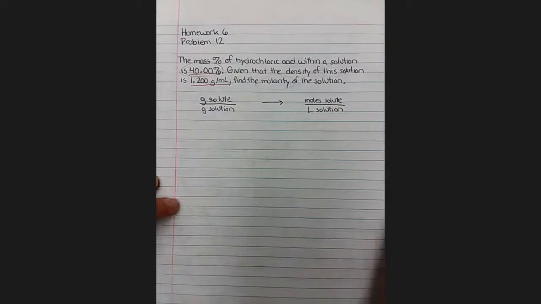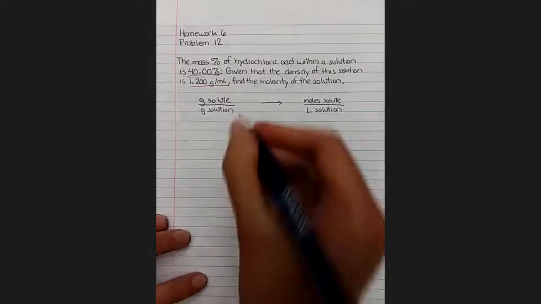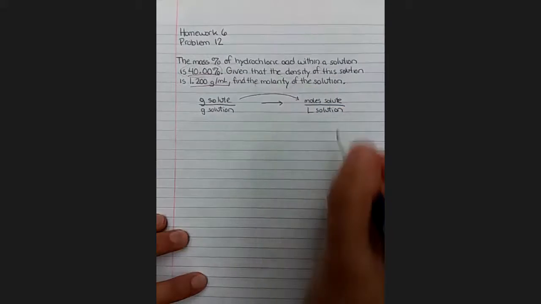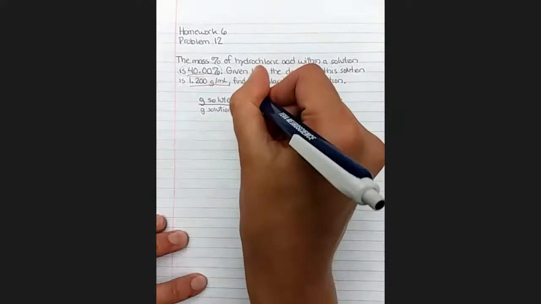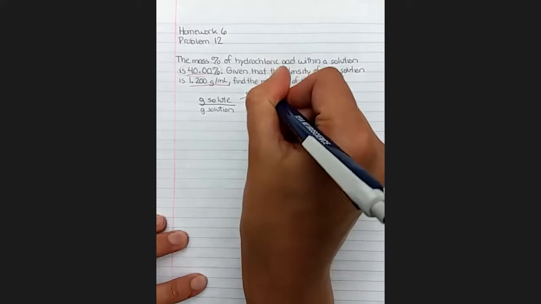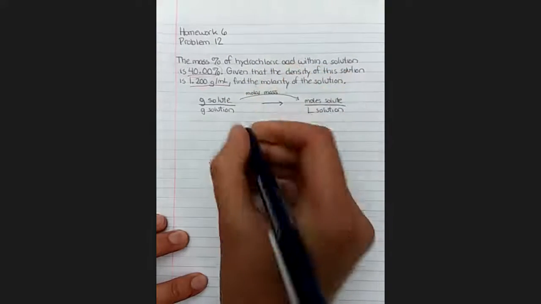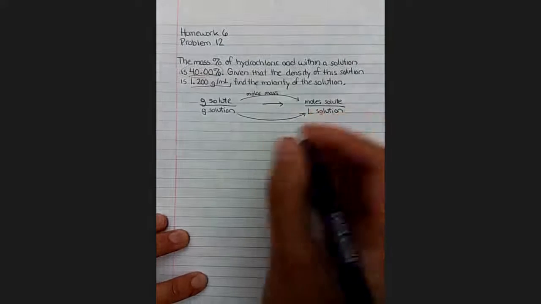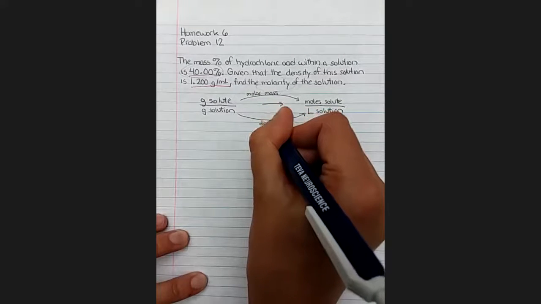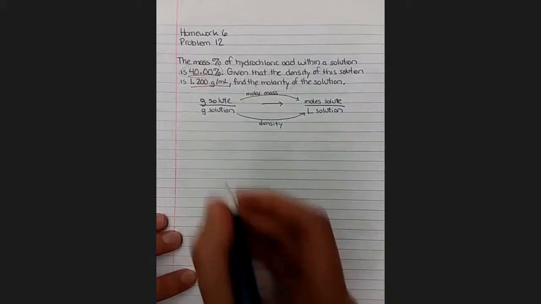So both the numerator and the denominator are going to need to change. For our numerator, we need to get from grams to moles, and we can use our molar mass. For our denominator, we need to get from grams to liters, so we're going to need to use density. Okay, there's our plan.